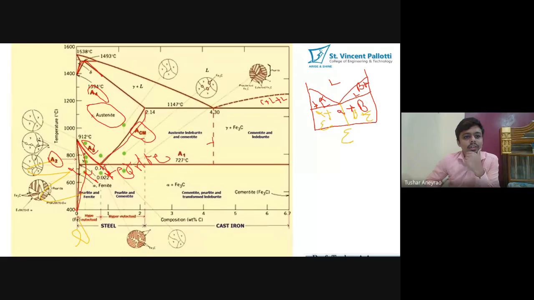So this is A1, A2, A3, A4 and ACM. This is A1 actually. Below A1, that is at 727 degrees centigrade, you are going to get a mixture which is pearlite. What is pearlite? Just like ledeburite, we have given the mixture of iron and carbon at 4.3% and 1147 degrees centigrade as the eutectic mixture, and that eutectic mixture is named as what? Ledeburite.